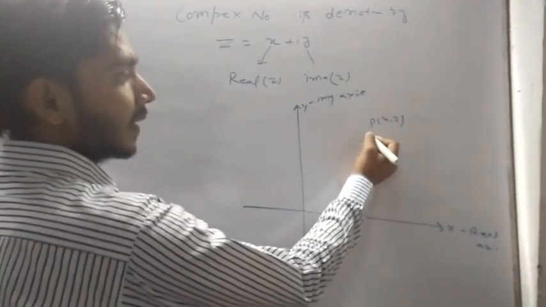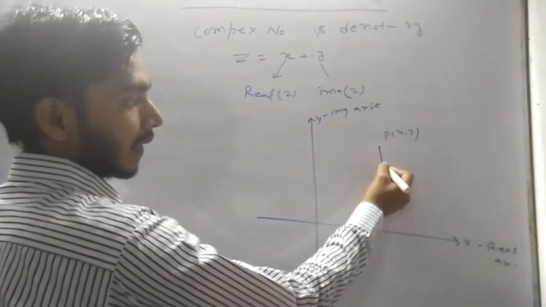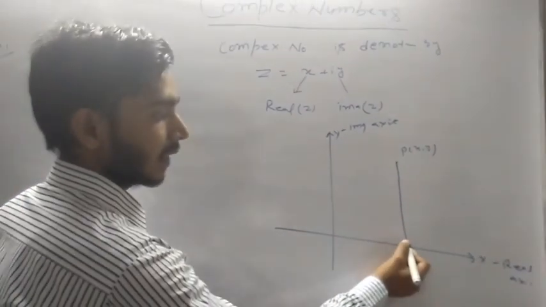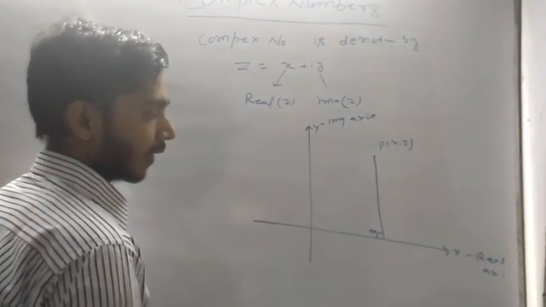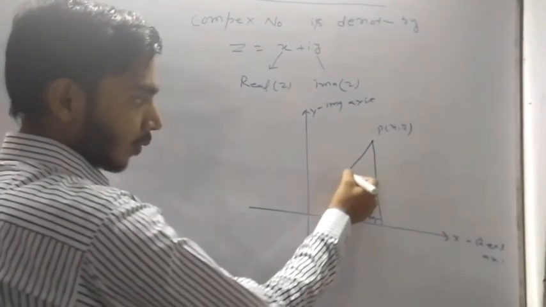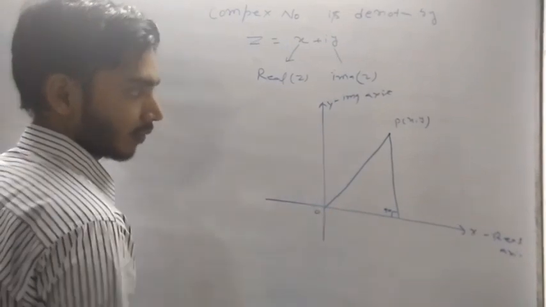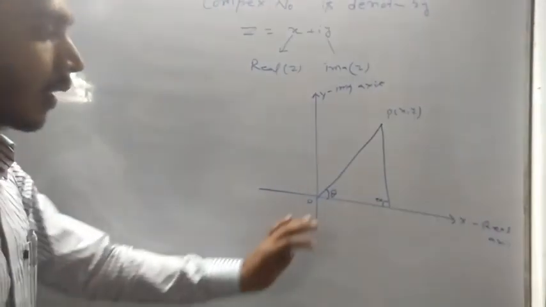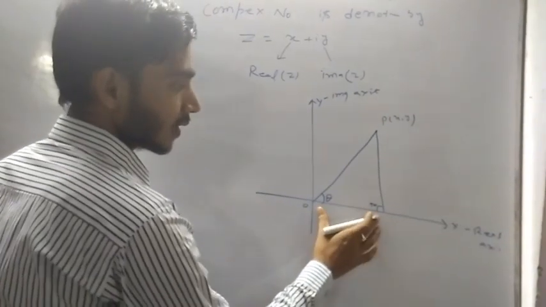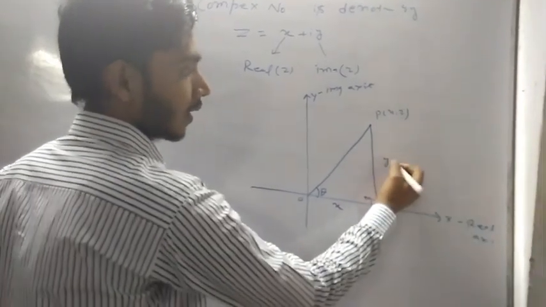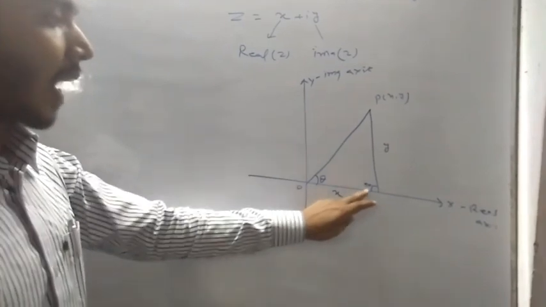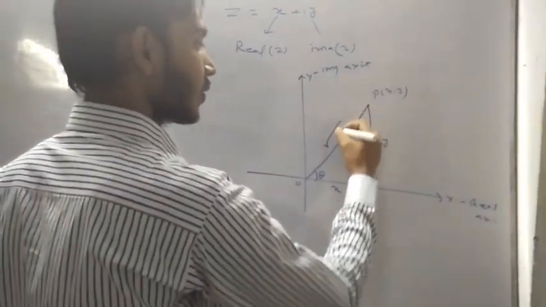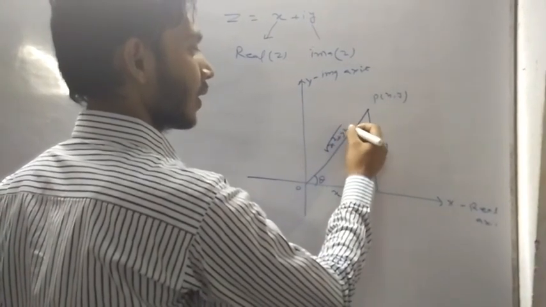We draw a perpendicular from P to the x-axis, this is 90 degrees, and we join PO, where O is the origin. This angle is called theta. By the properties of a right angle triangle, the hypotenuse is the square root of x square plus y square.